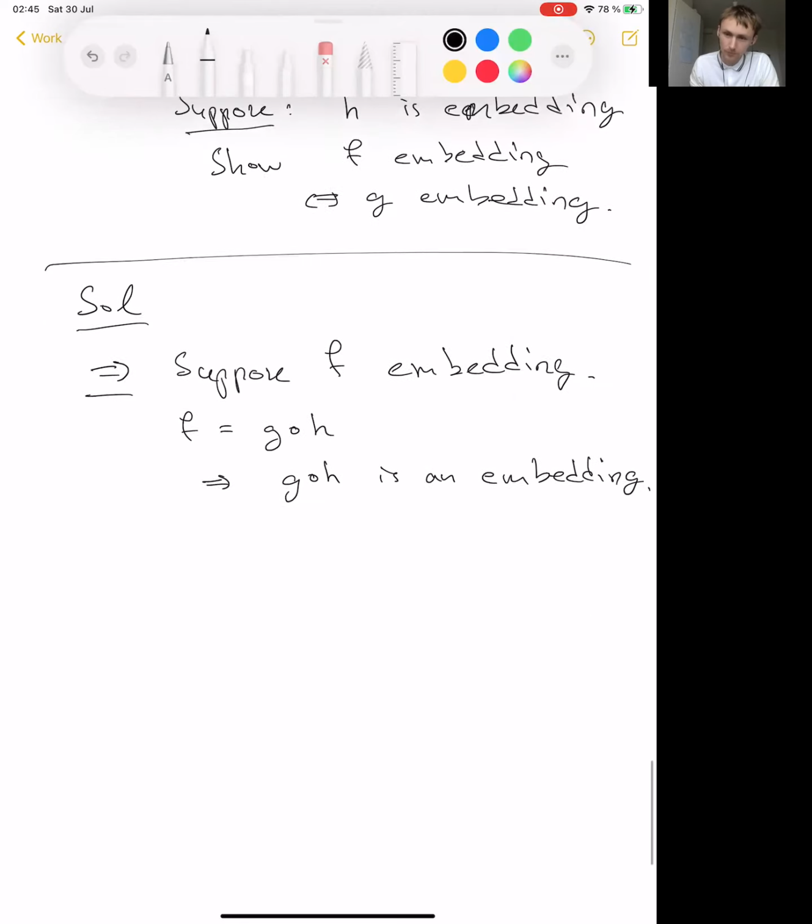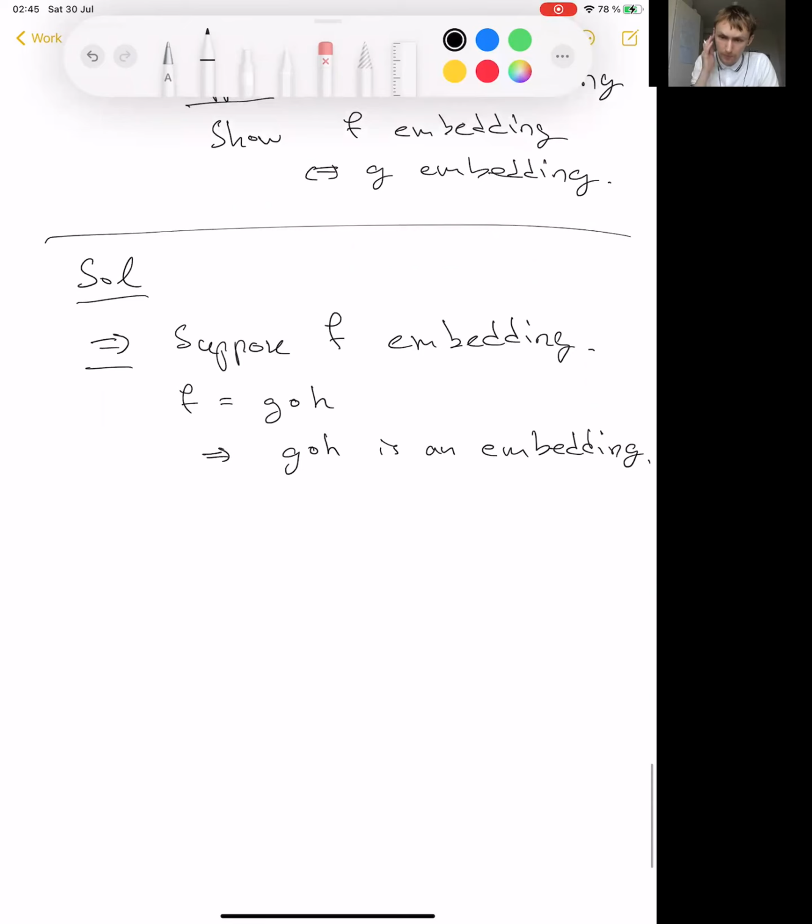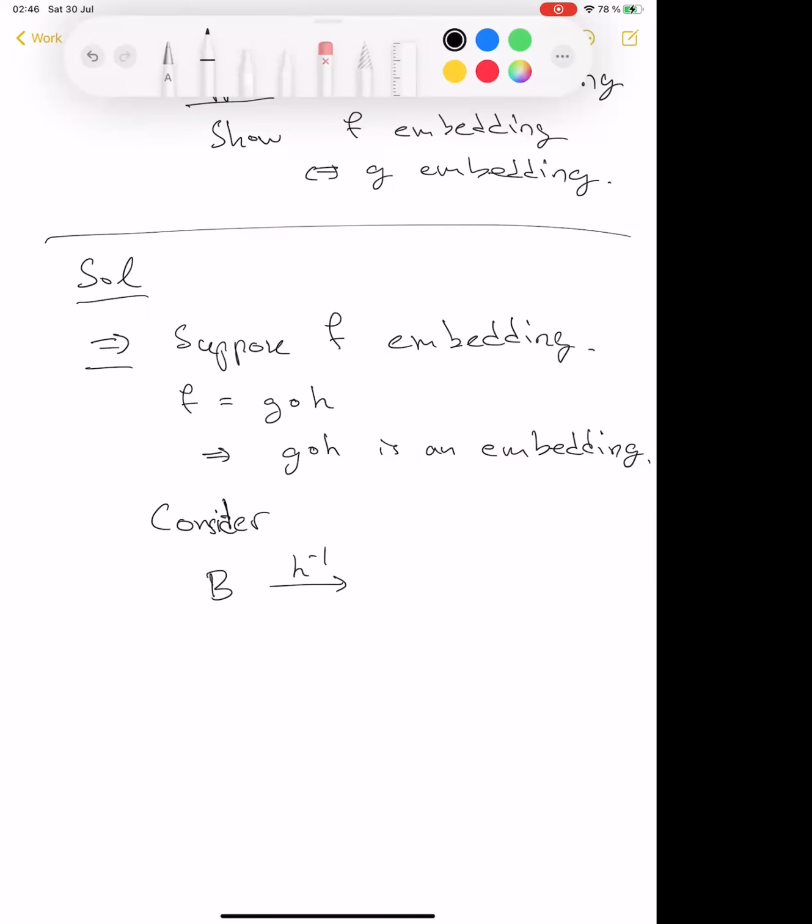Okay. So now we're going to consider the following. Consider what happens if we take this diagram. So we take H inverse.